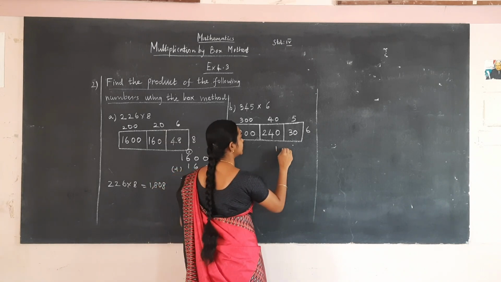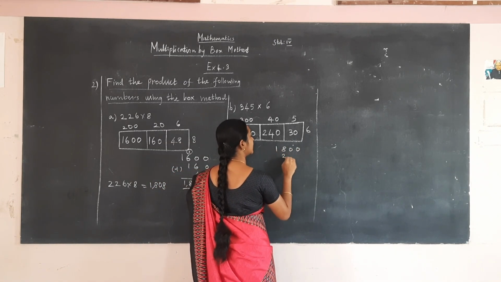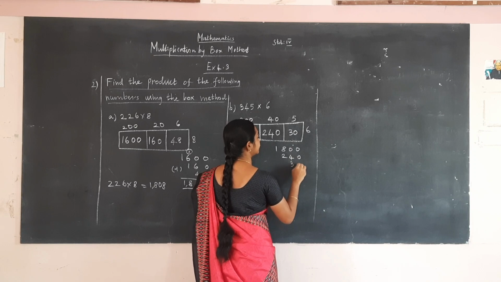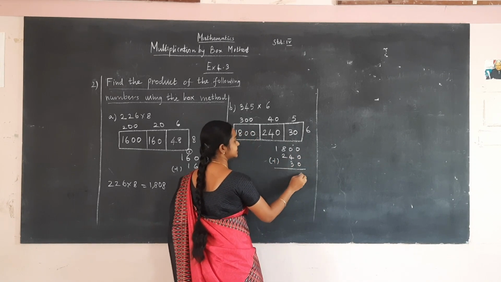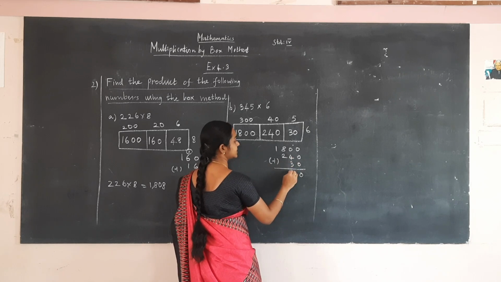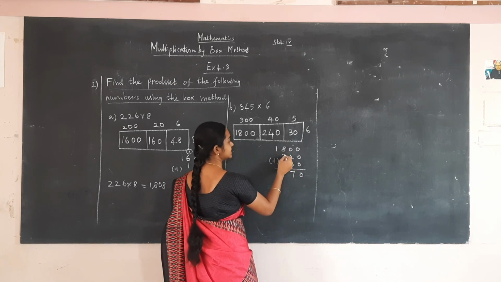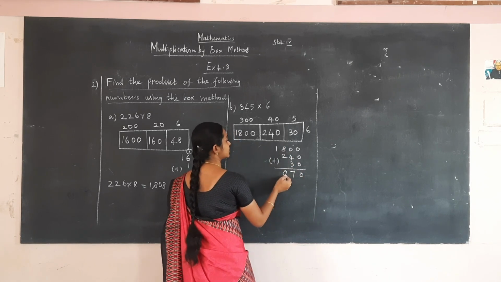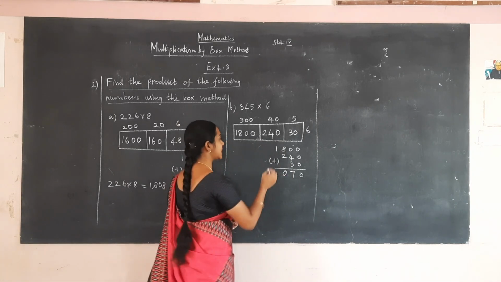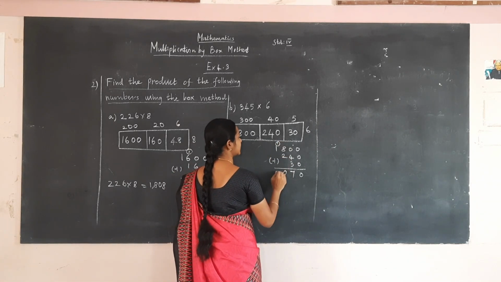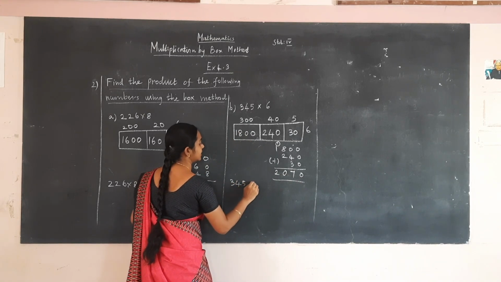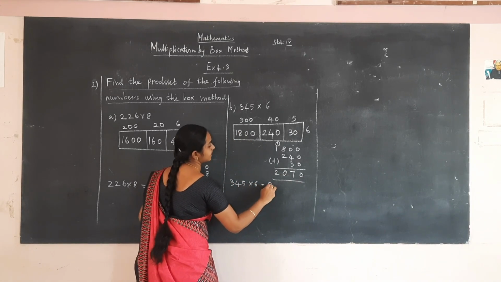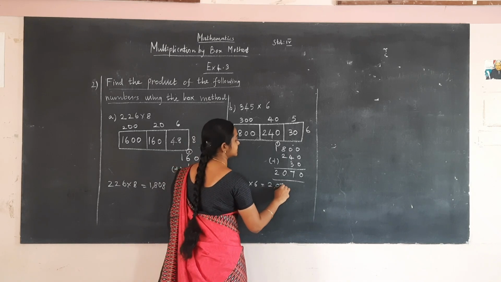Now add 1800, 240 and 30. 0 plus 0 plus 0 is 0. 4 plus 3 is 7. 8 plus 2 is 10. So write 0 here and 1 is carried to next place. 1 plus 1 is 2. So 345 into 6 is 2070.